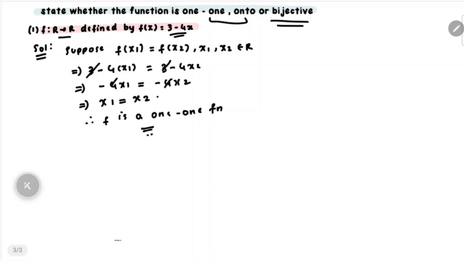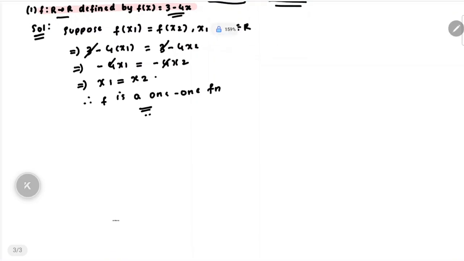So let's prove f is onto now. Make sure you follow the step, because this step is very important and everyone will try to miss it, so you'll lose marks if you miss this step. So consider y belongs to R, codomain.